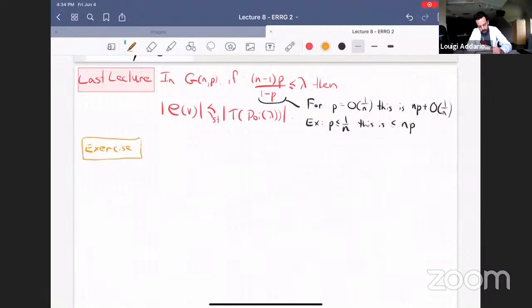For this same range of p, this stochastic domination can be strengthened to relate not just to the size of the whole tree, but to the sizes of the generations.